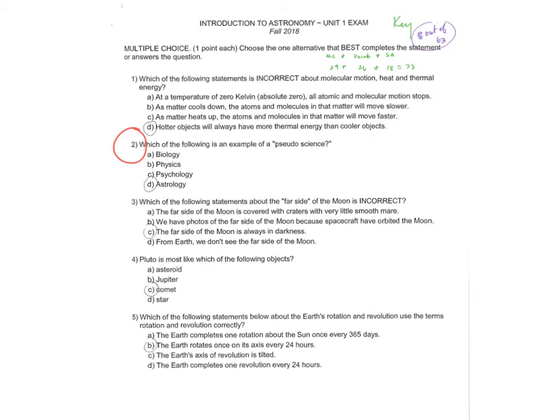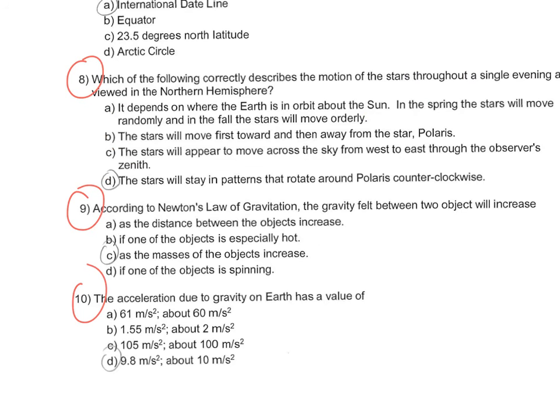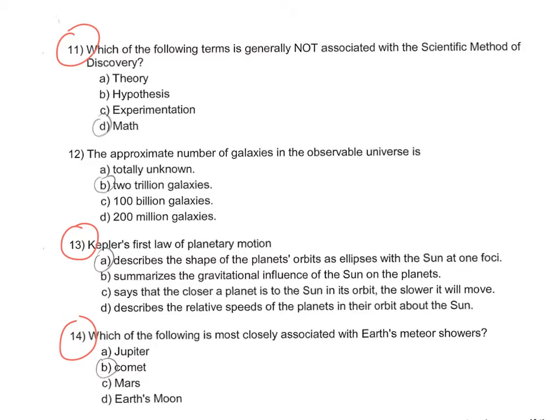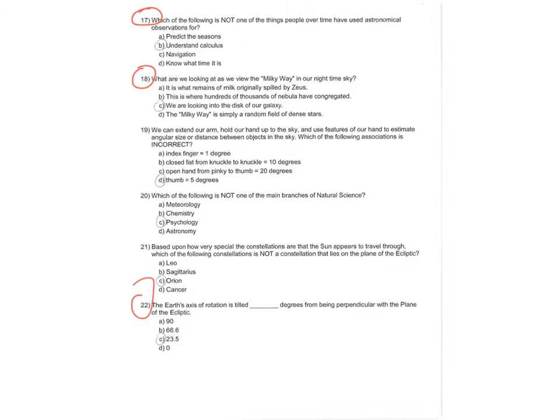Okay, let's proceed to the next page. So Unit 1 exam, multiple choice, question number 2 might be on there. The next page for Unit 1 exam, I have questions 8, 9, and 10 circled. So take a look at those. And then on the third page, I have questions 11, 13, and 14, possibly.